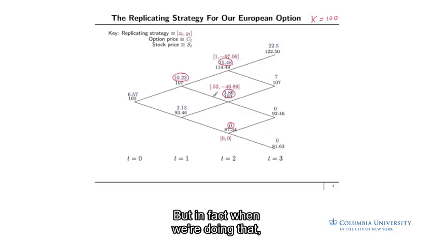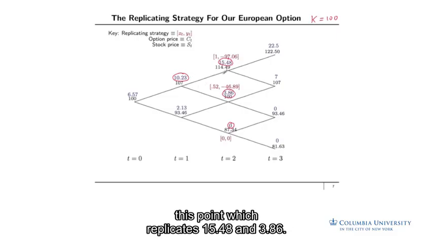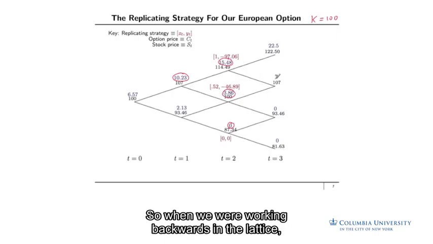But in fact, when we're doing that, all we're really doing implicitly is constructing the strategy at this point which replicates 15.48 and 3.86. So when we were working backwards in the lattice, what we were really doing is constructing a replicating self-financing trading strategy.